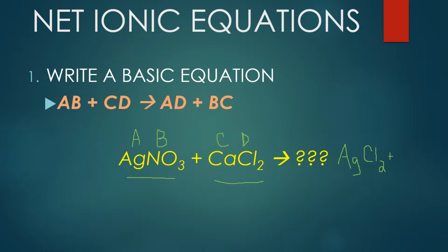So the B is the nitrate and the C is the calcium. Now this isn't a real equation yet.